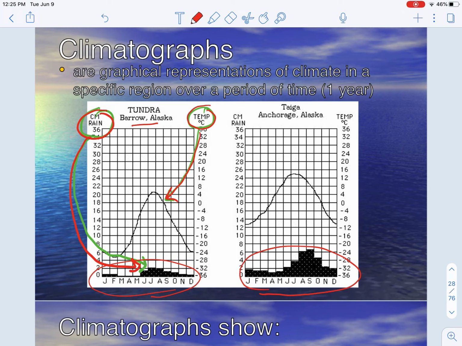Generally, the higher precipitation will be areas that are near the oceans, and lower precipitation areas would be inland or like prairies.